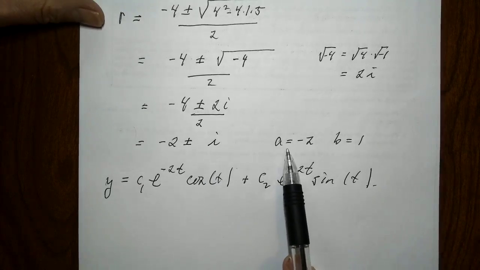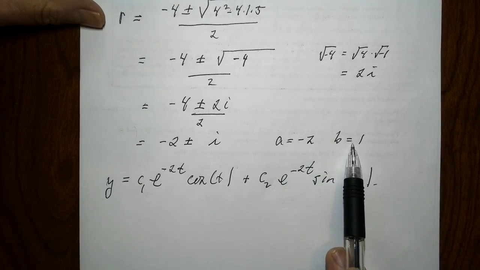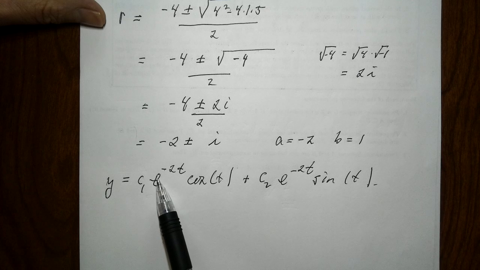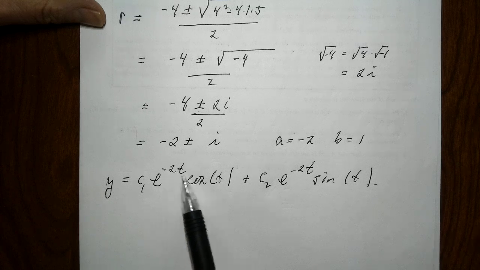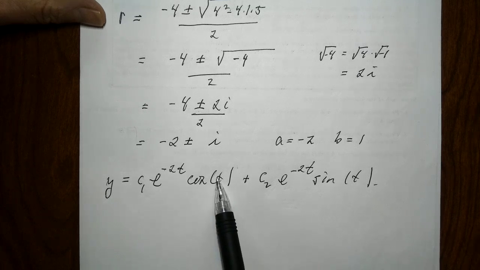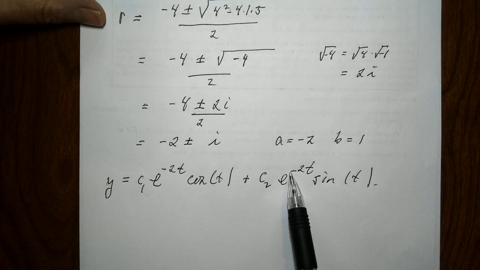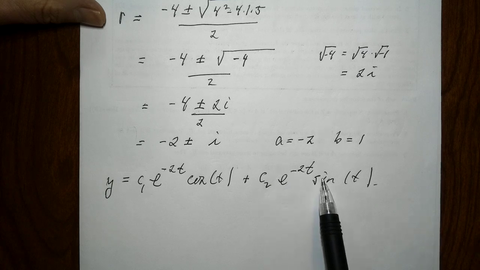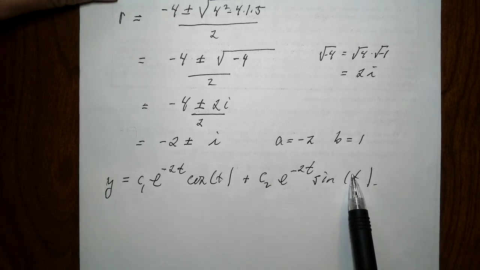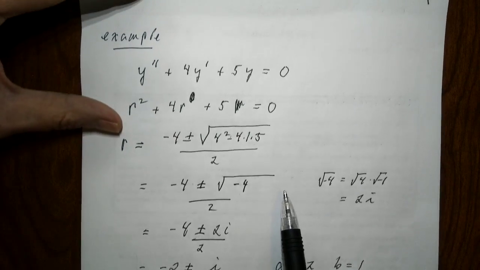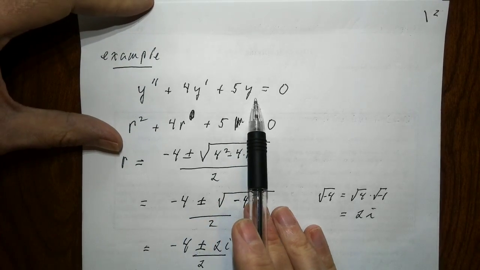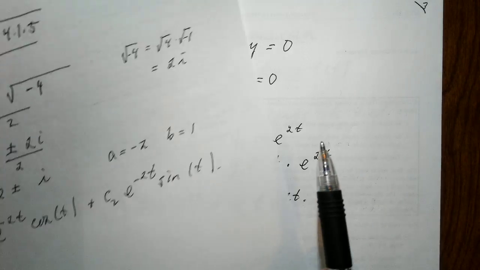So in this case, a is negative 2, b is 1, so the fundamental solution would be c1 e to the minus 2t cosine 1t, or just t, plus c2 e to the minus 2t sine of 1t, or just t. So this would be the fundamental solution in the case of this second order homogeneous differential equation.